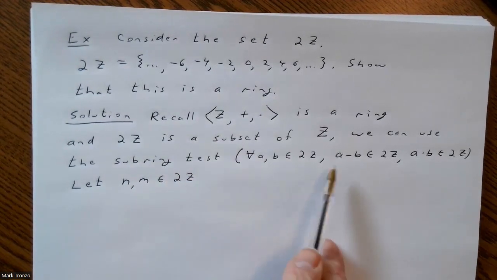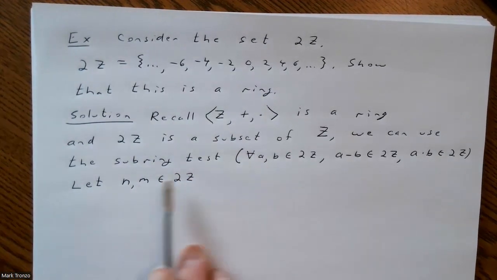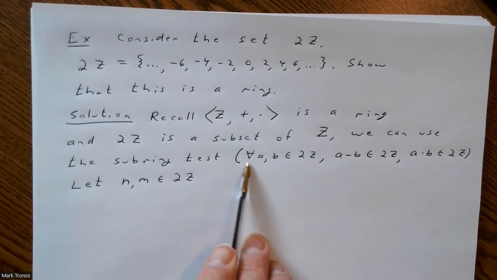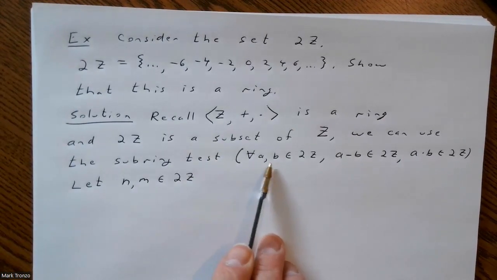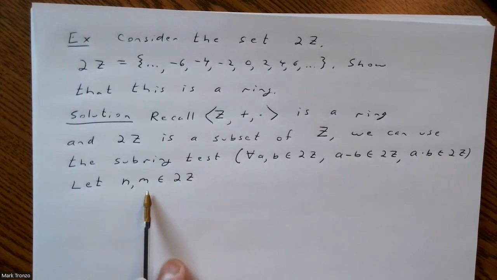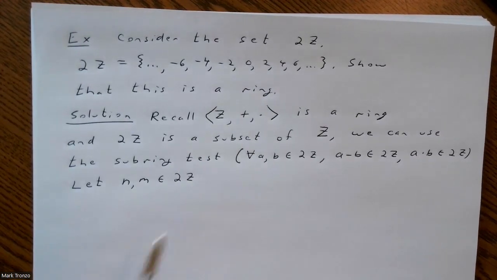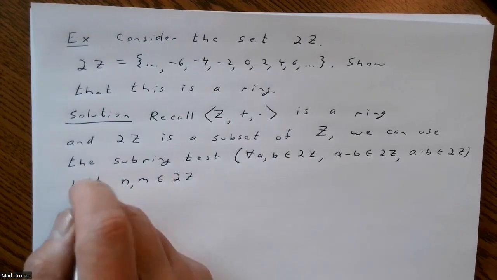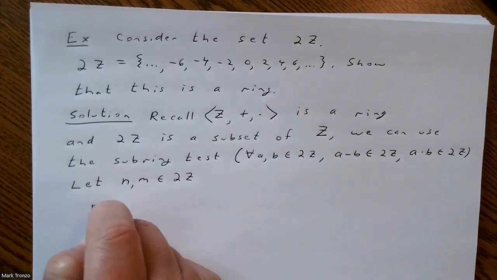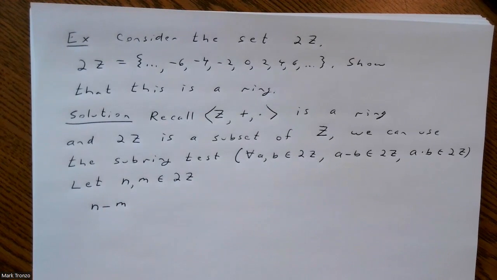To do this first test, we have to try two typical elements. Remember, if we have to show that something is true for all A and B, we just have to take two typical elements. Then let's check this first thing. If we take M minus N, the question is, if you take two typical elements and you subtract them, will they still be in 2Z?